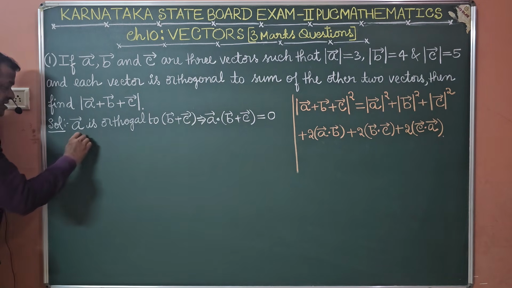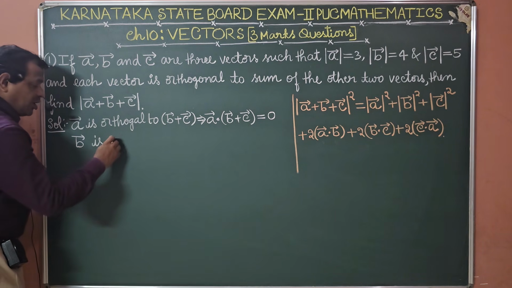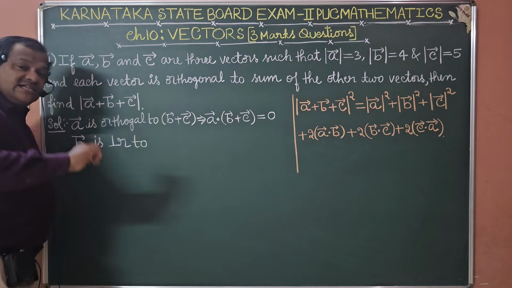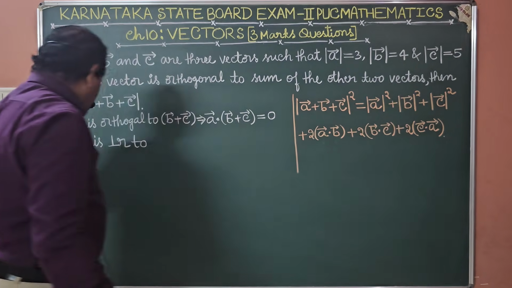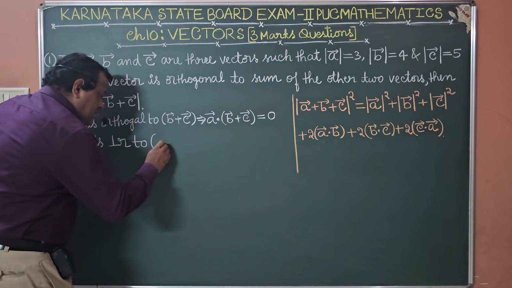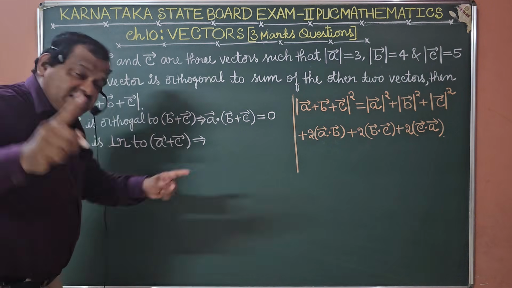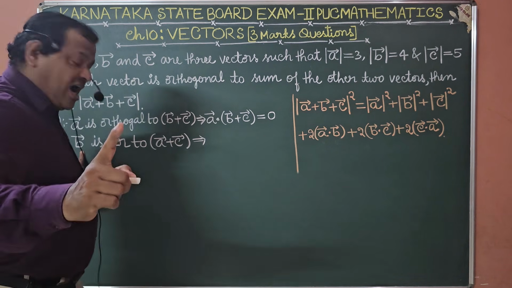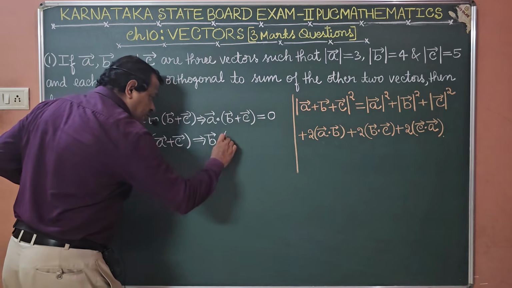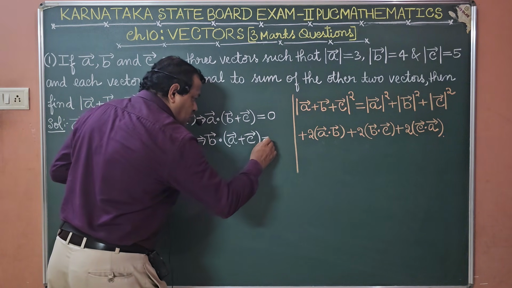Similarly, they have given each vector, say for example B vector, is also orthogonal, I will write perpendicular, to the sum of the other 2 vectors. To B vector, the other 2 vectors are A vector and C vector. So their sum, A vector plus C vector. And this implies, when 2 vectors are orthogonal, their scalar product or dot product is 0. Therefore B vector dot A vector plus C vector is equal to 0.